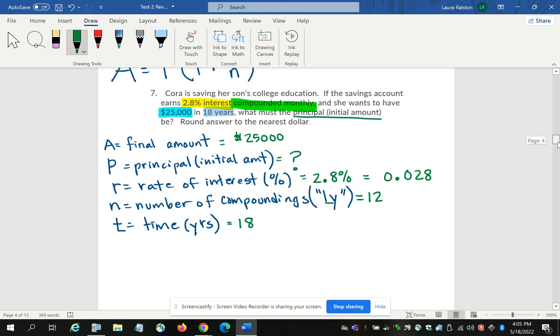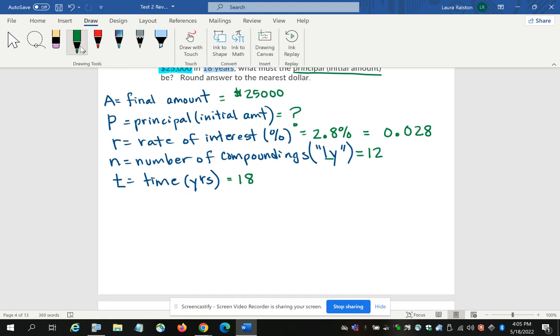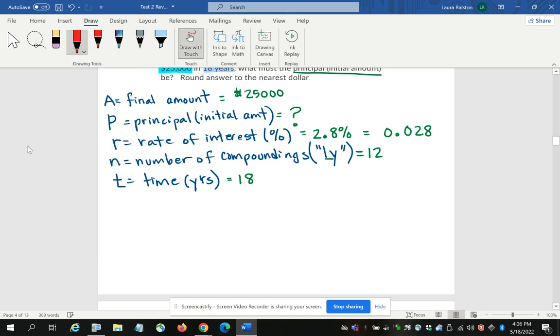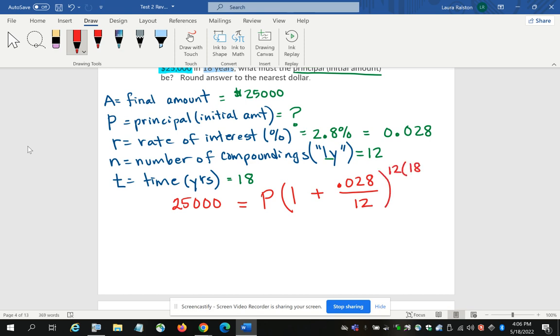So we've identified all of the information. We have the formula. It becomes a plug and chug. And then you have to do the math. Okay, so we would have 25,000 equals P times 1 plus R written as a decimal divided by N raised to the 12 times 18 power.